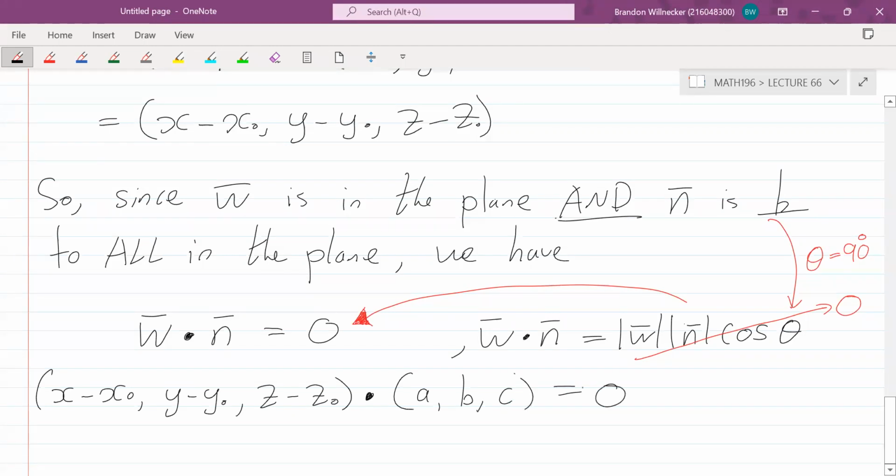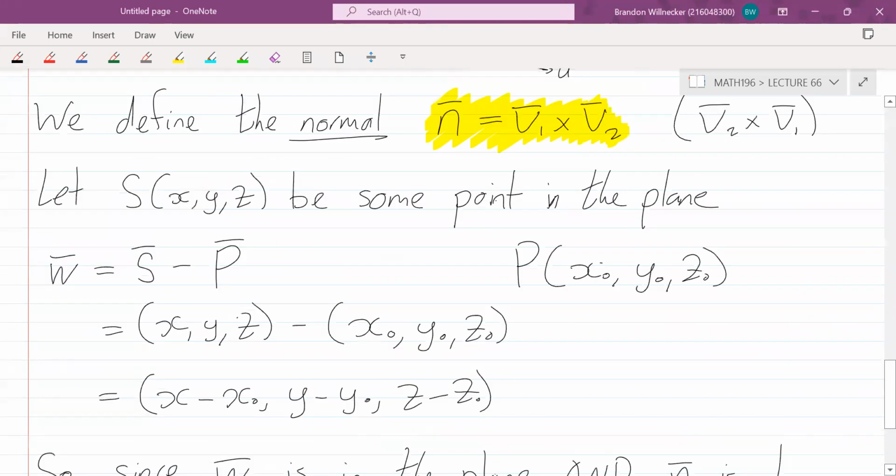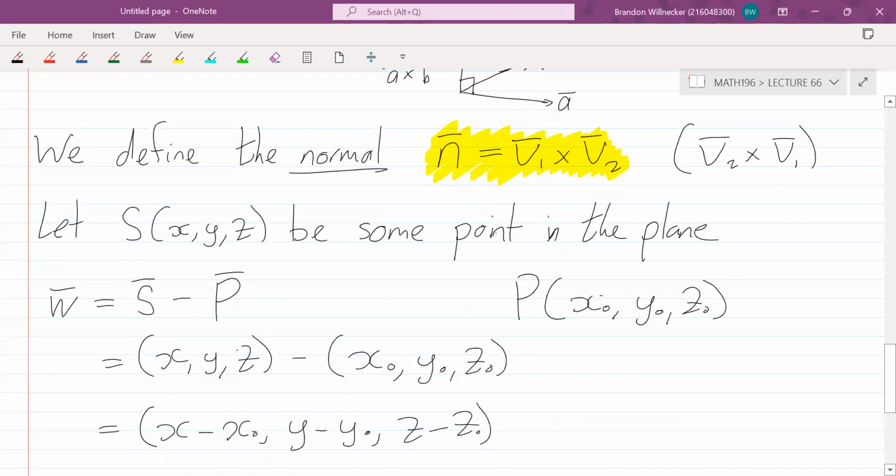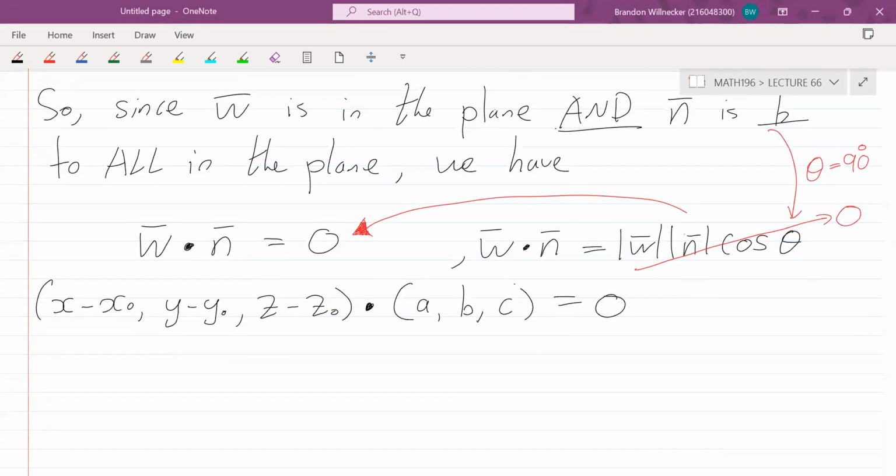And that's 0. Remember the normal, you have to do that cross product of v1 and v2. That gives you the normal, some 3 components. I'm just calling them a, b, c. We don't know exactly what they are because we don't have the other points in the plane, but we can just call it a, b, c for now.